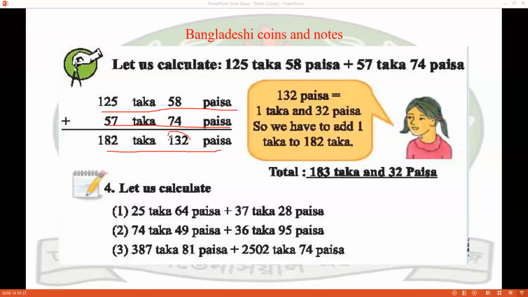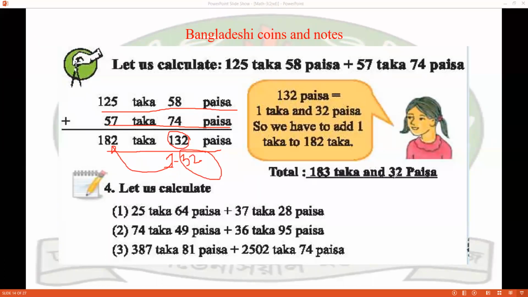But you have to remember, when the paisa is equal to 100 it will be 1 taka. So there is 132 paisa. So there will be 1 taka and 32 paisa. 1 will be added to 182. So here we write 183 taka and remain 32 paisa.